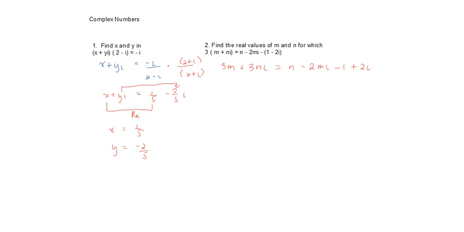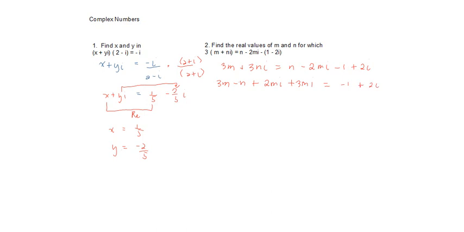And then we can put all the variables with m and n on the left side. Let's combine 3m, those that do not include i in their terms, so 3m minus n. And then we have plus 2mi plus 3ni.